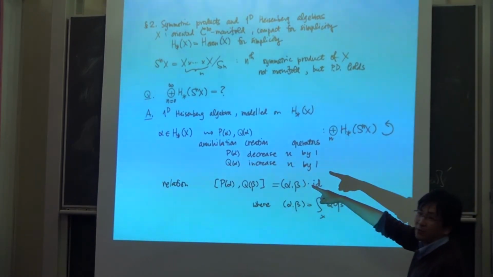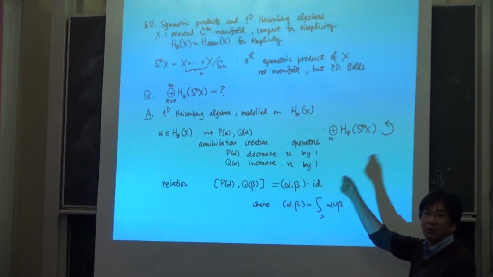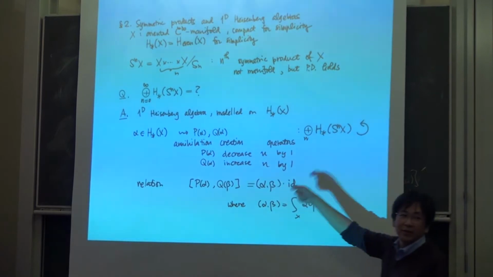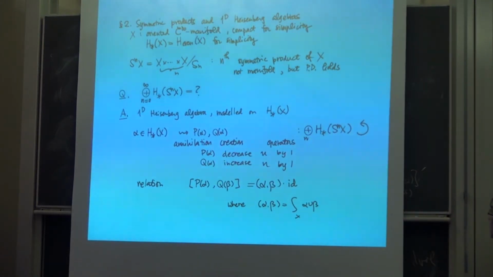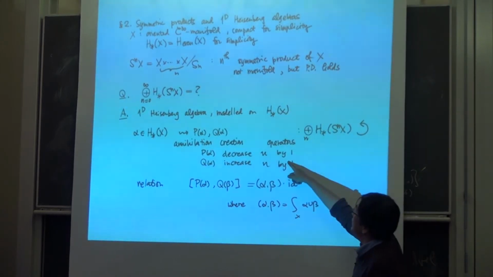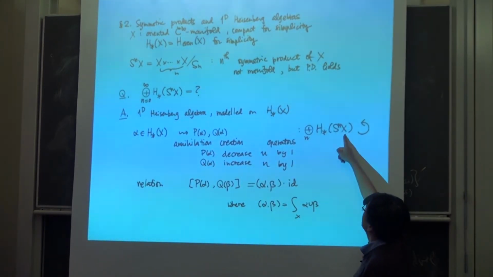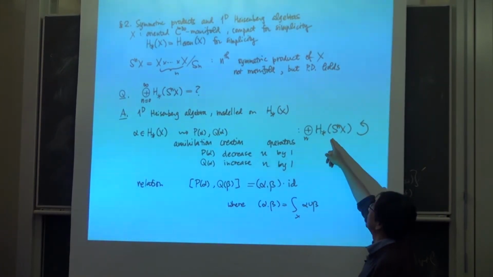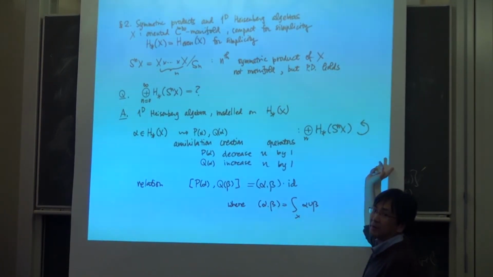The annihilation operator decreases the number of points by 1, and the creation operator increases the number of points by 1. So annihilation is a map from H star of SnX to H star of Sn minus 1 X. The creation operator is from SnX to Sn plus 1 X.